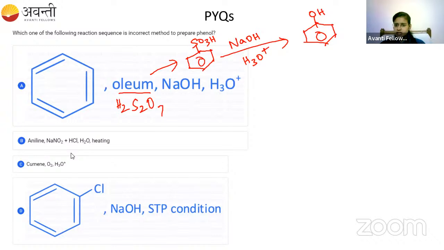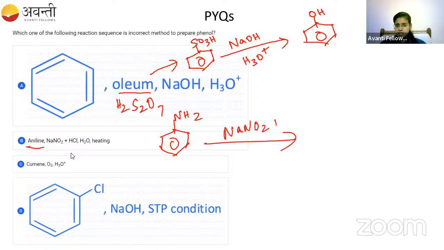B is incorrect? No, B is not the answer. Listen, aniline. From aniline also we can prepare phenol if you treat it with NaNO2 plus HCl.